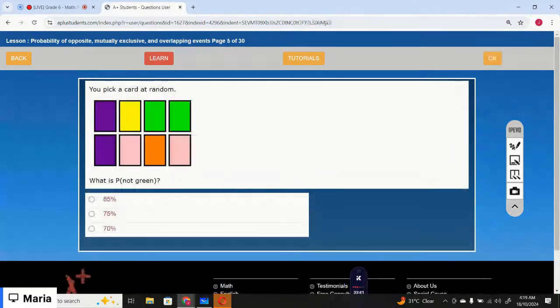Okay, you pick a card at random. What is the probability of not green, which is the correct option?